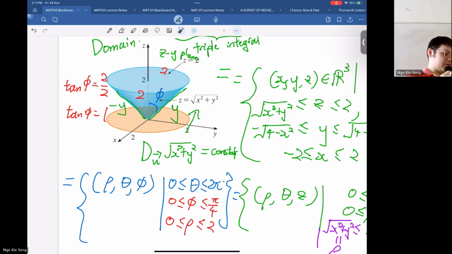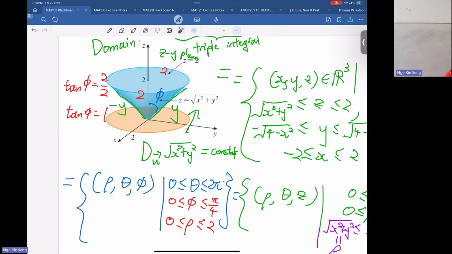Think. How do you describe the top part?